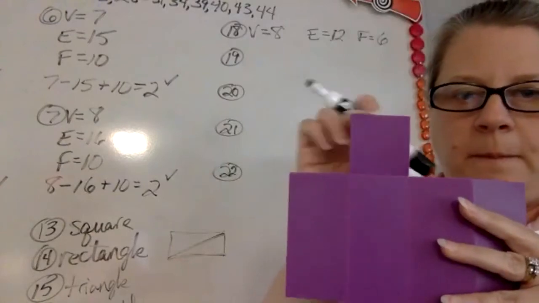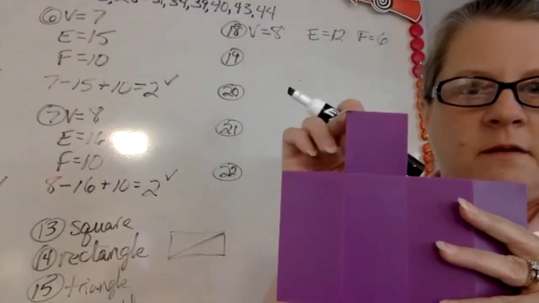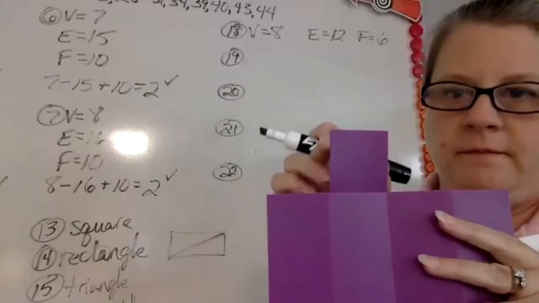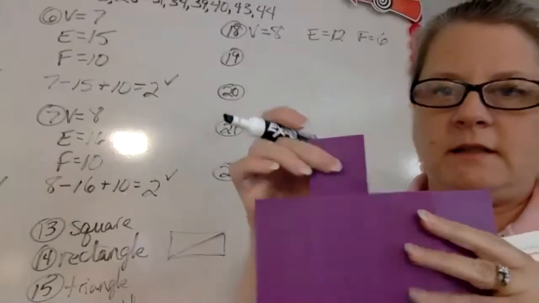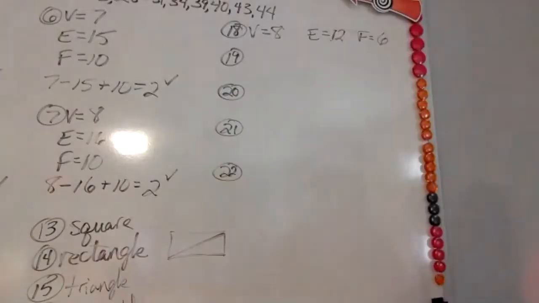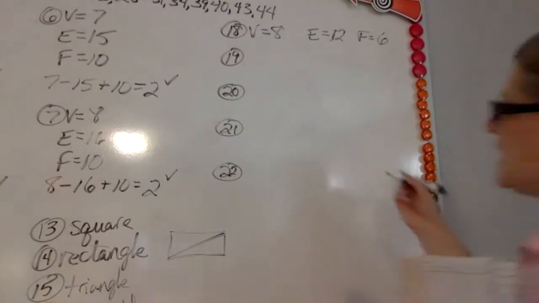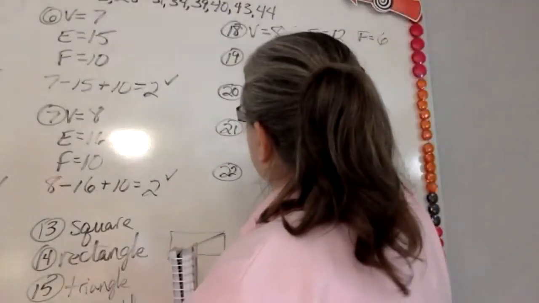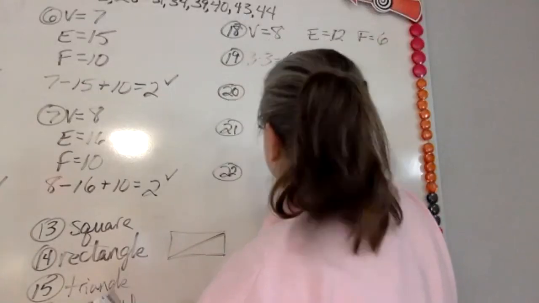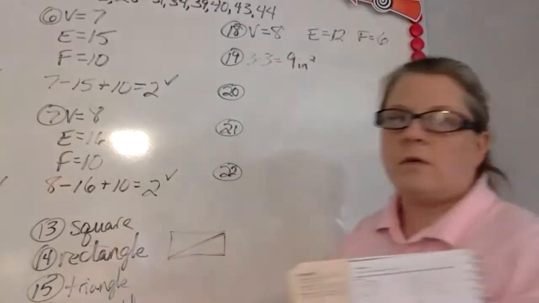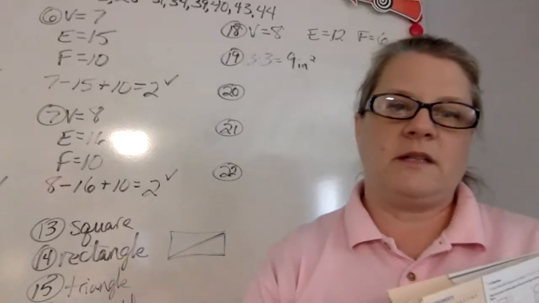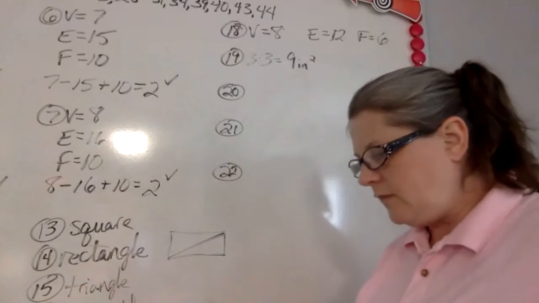Going across is 3 inches, and the one going down is also 3 inches. So the area is 3 times 3, which is 9. You don't add for area, you multiply for area. You multiply the 3 times the 3 and get 9.